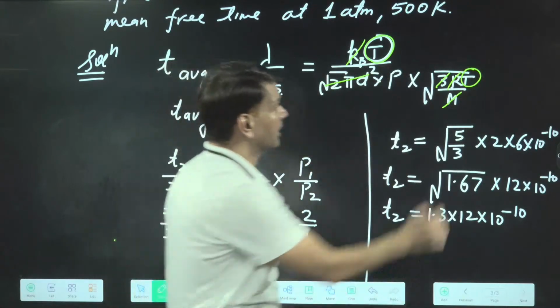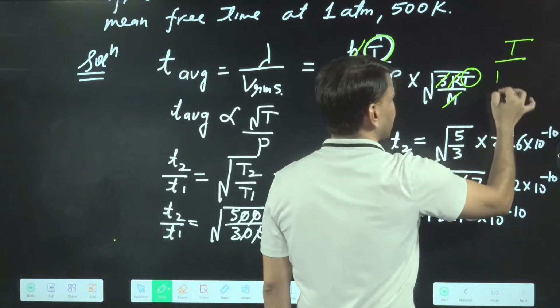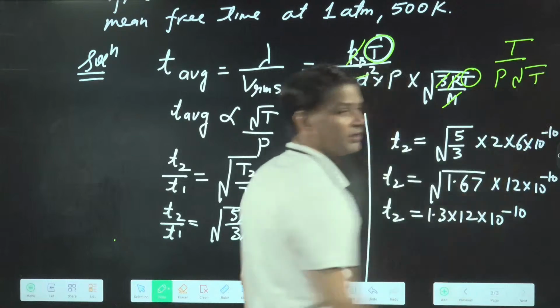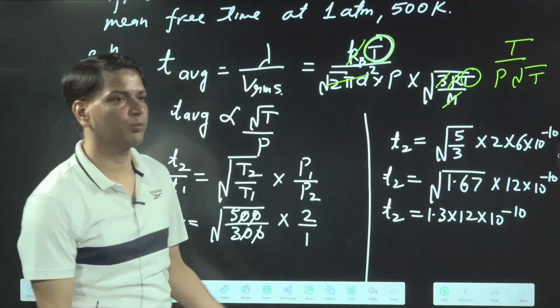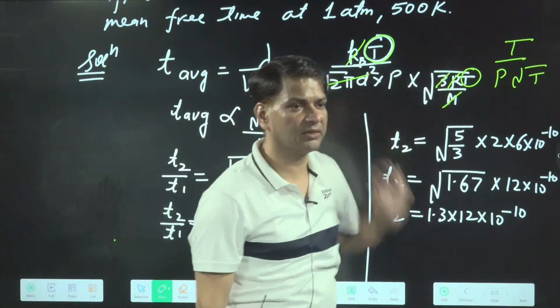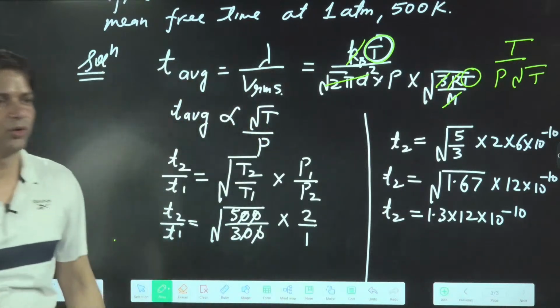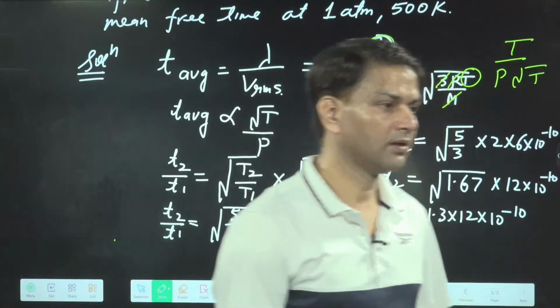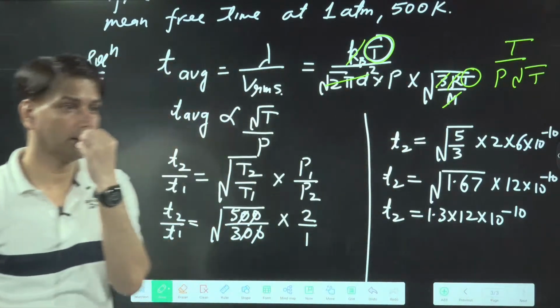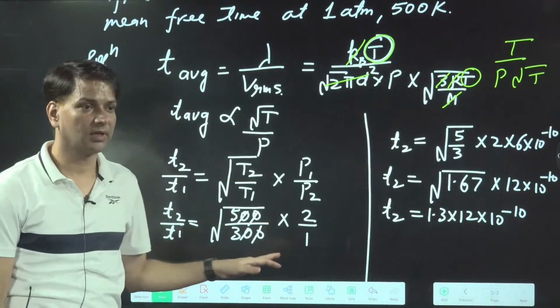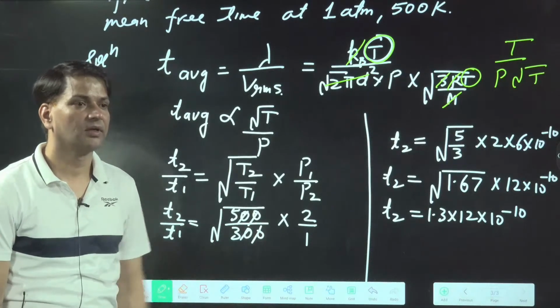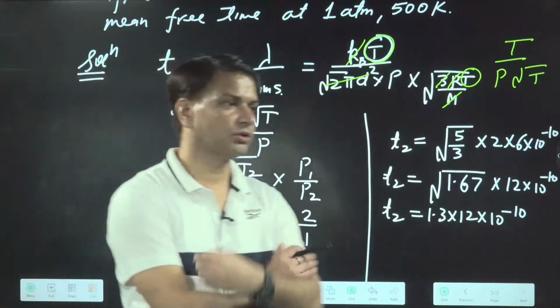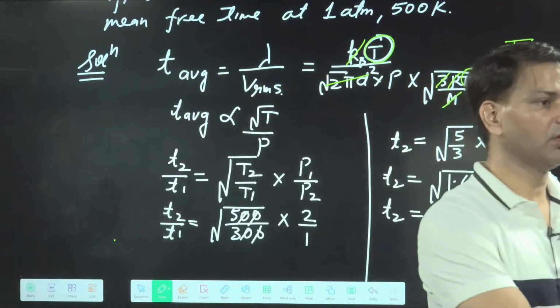What is remaining? Under root T by P. Now what is the proportionality you got? Under root T by P. Got it? Understood? Okay then, so KTG is over now.